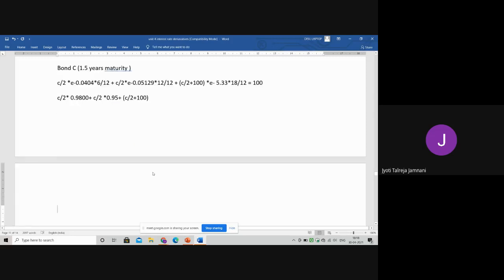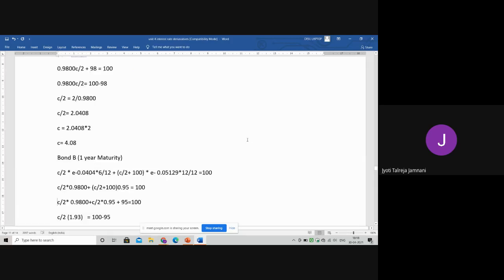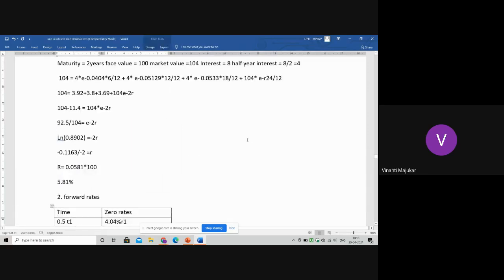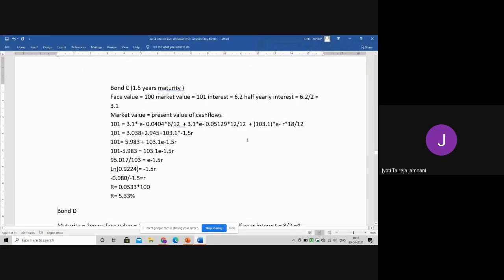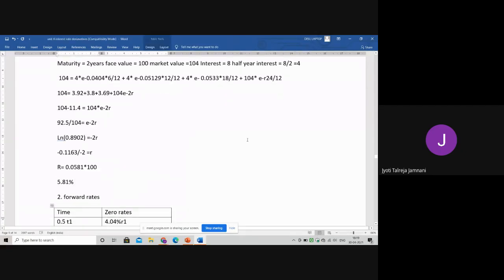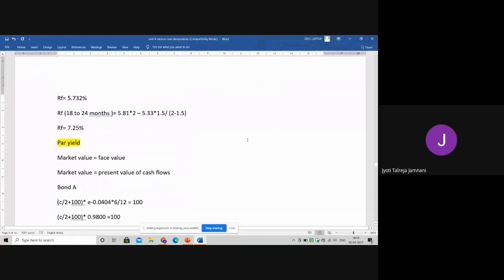Anybody can tell me? 3.3714. The third year e raised to value is 3.37 you're getting.